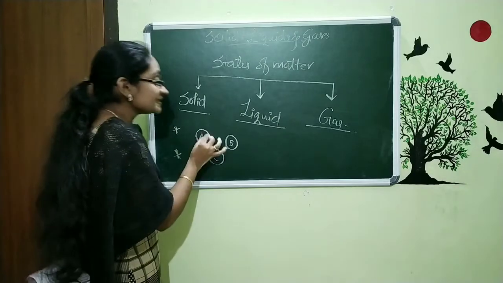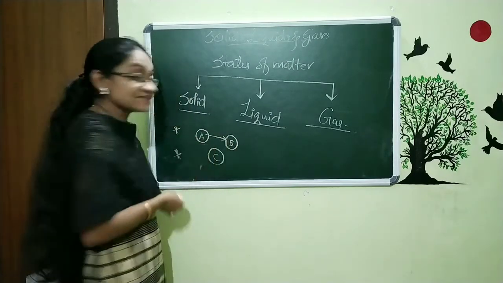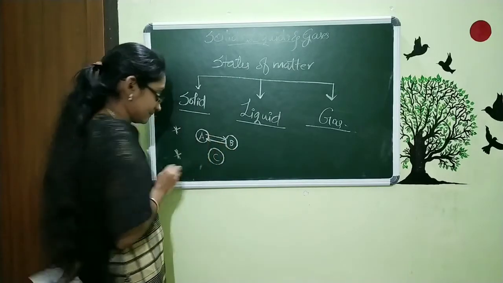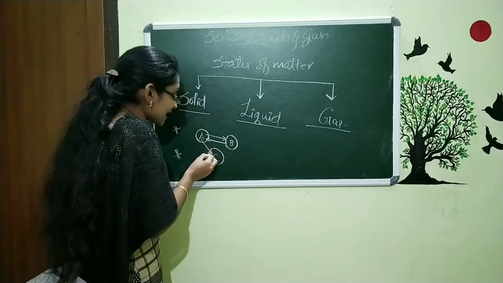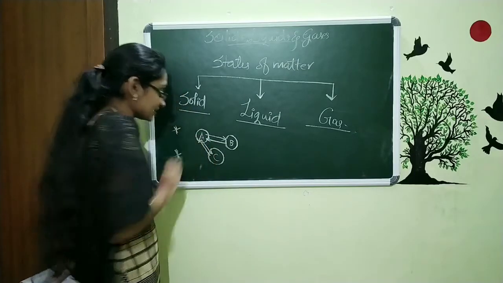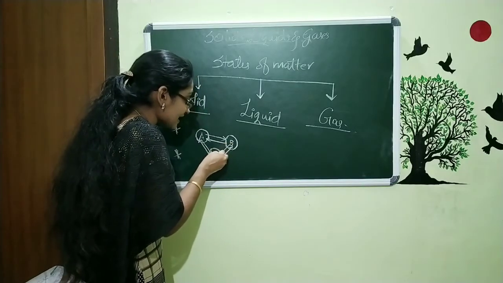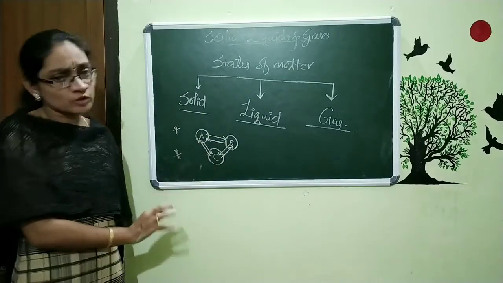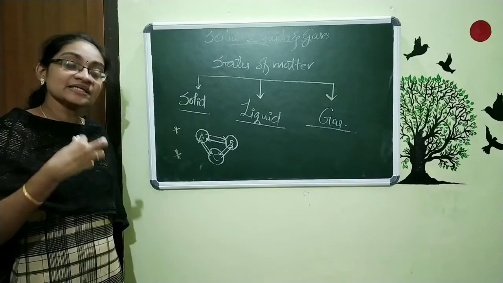That means A is attracting B, B is attracting A, A is attracting C, C is attracting A, C is attracting B, and B is attracting C. This is only a sample of the molecules. That means all the molecules are attracting each other.